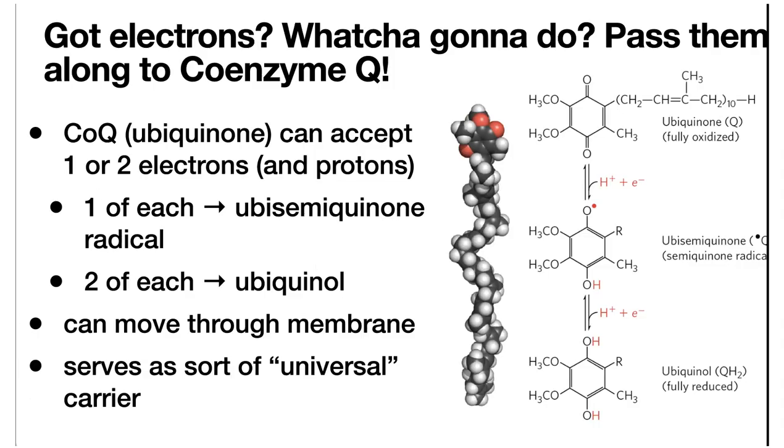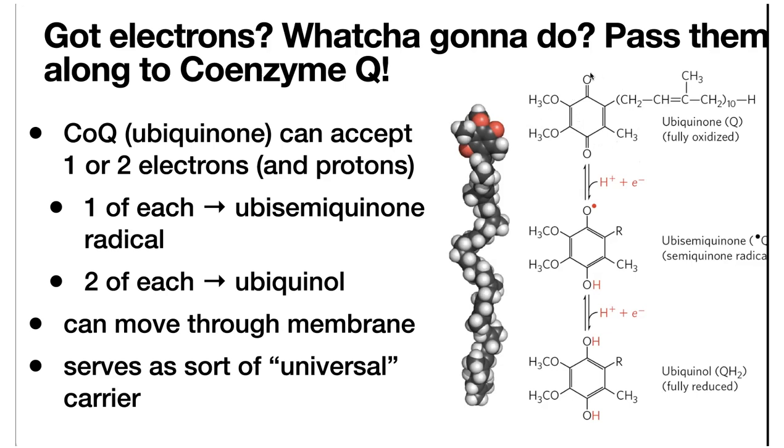You might have heard of Q10 supplements. Basically, that 10 refers to there being 10 carbons in this R chain. But we're not going to focus on that chain right now. We're going to focus on where the actual oxidation and reduction are taking place.